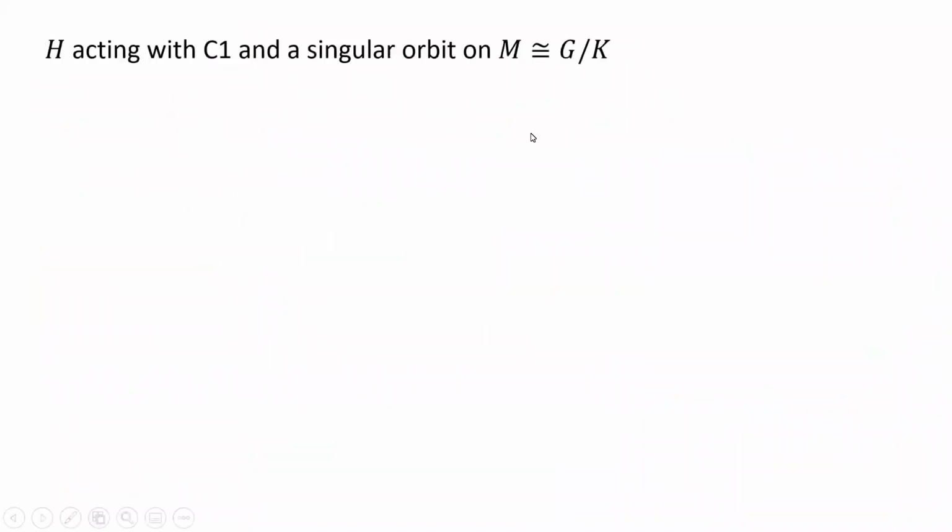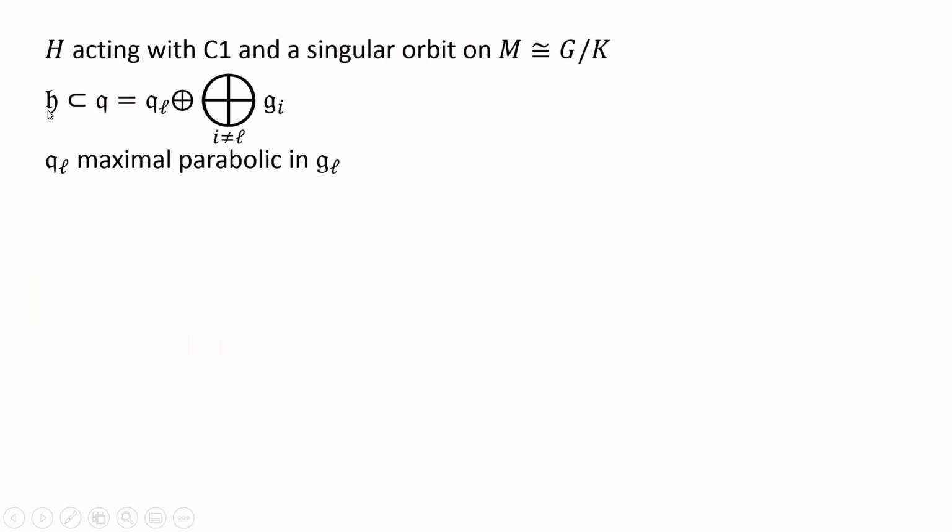So let's come back to the situation we had. We had a group H acting with cohomogeneity 1 and a singular orbit on M. Its Lie algebra was assumed to be contained in a maximal proper subalgebra Q of this form, where Q_L was maximal parabolic in G_L. This was the case that was remaining.